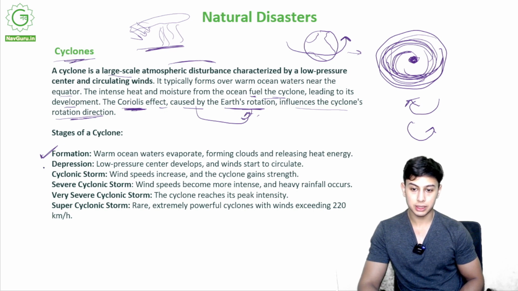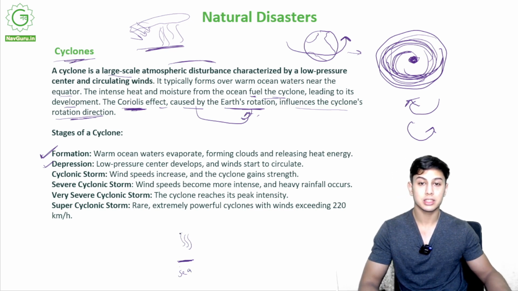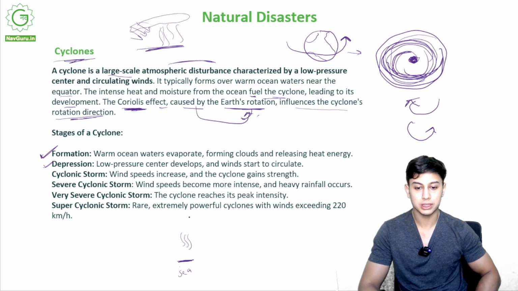The second part is depression. Low pressure center develops and winds start to circulate. Since over this sea surface there is a lot of heat, it develops into a low pressure. This area is of low pressure and winds start to blow around it.